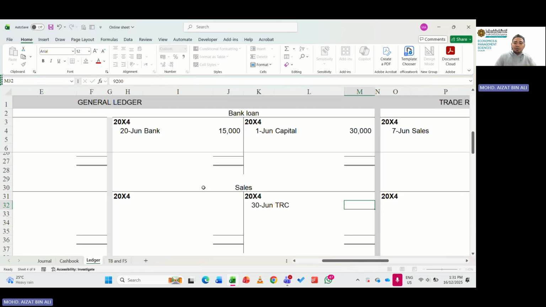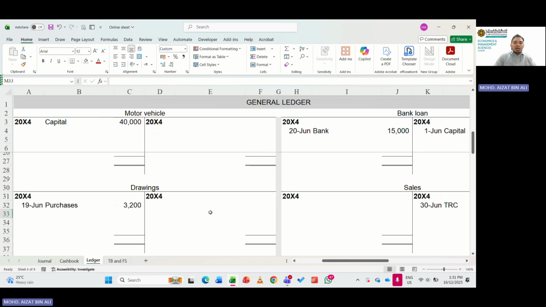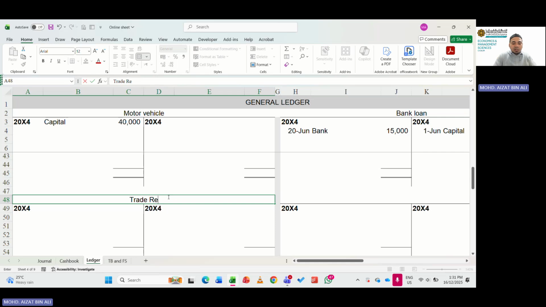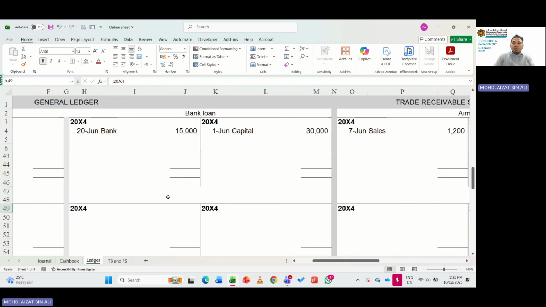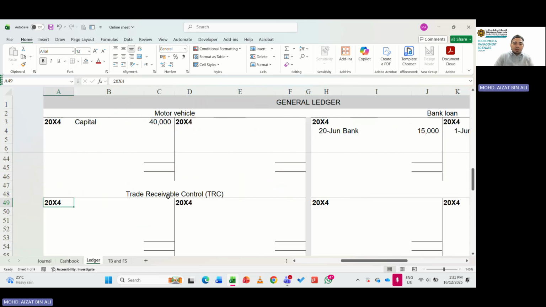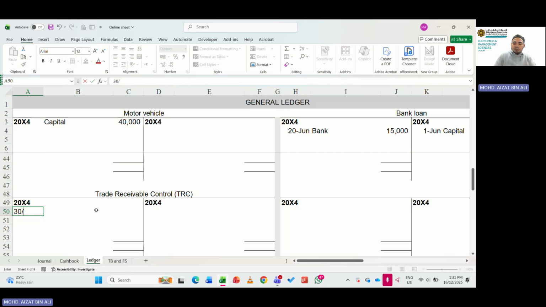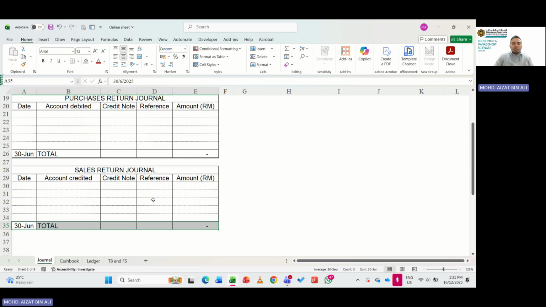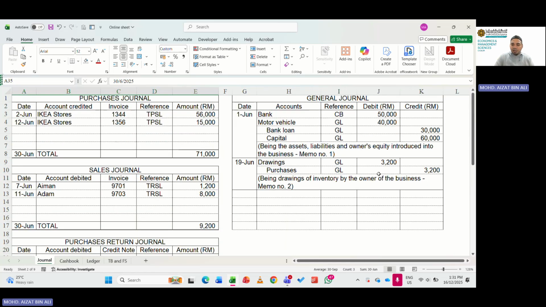Now let's open TRC, trade receivable control. This is TRC. It is to be debited. 9,200 ringgit, 30th June, sales, 9,200 ringgit.